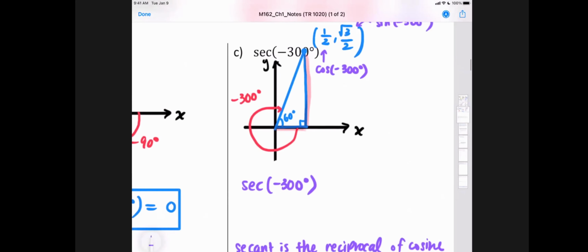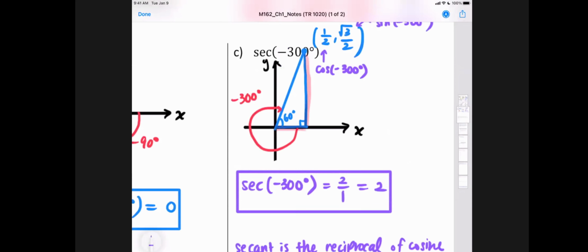So if we take the reciprocal of the 1/2, flip it, that would be 2 over 1, which is just 2. If we wanted to find the cosecant of negative 300 degrees, cosecant is the reciprocal of sine. So you take the y coordinate and flip it, and then you end up rationalizing it because the square root of 3 ends up in the denominator.